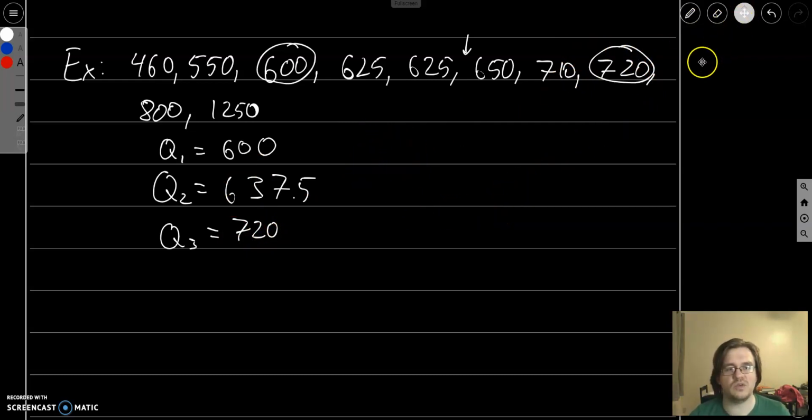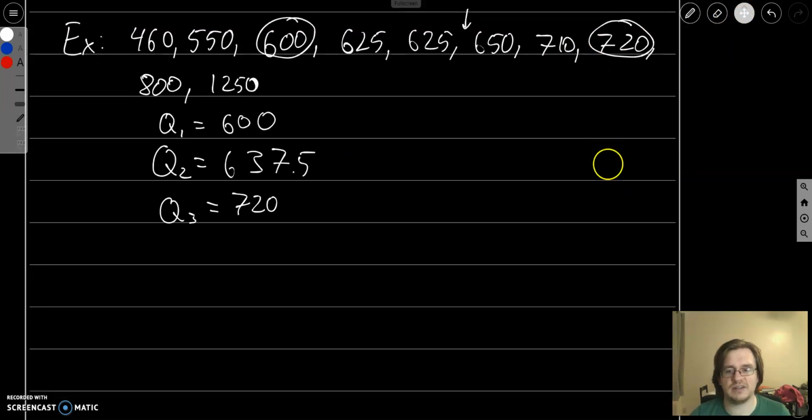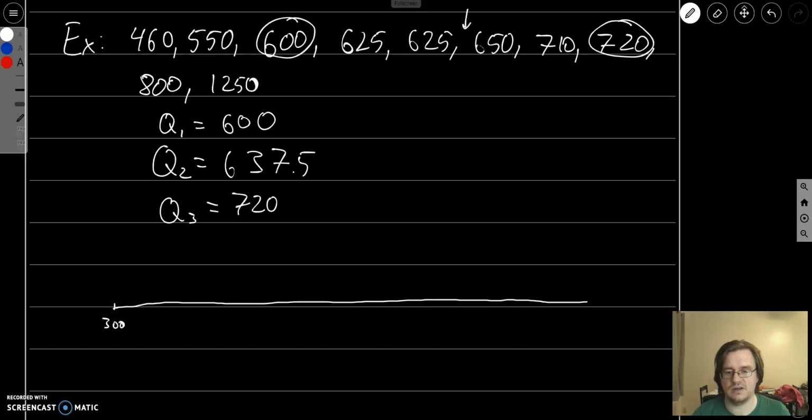If we were to not modify the box plot in any way, the box plot would look like the following. Maybe we'll go from 300, draw a line out here. Let's go all the way to 1,300. Halfway between will be at 800, and then halfway between that, 550 and 1,050.